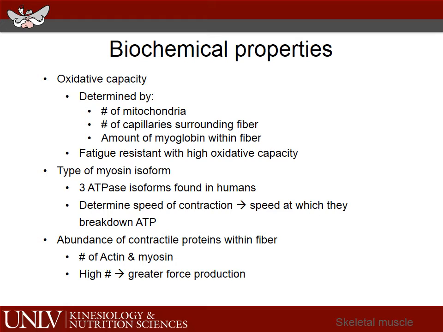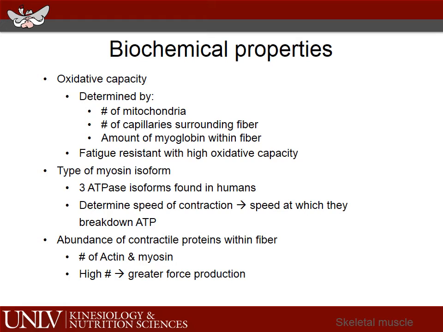The faster you can degrade the ATP into the ADP and Pi, the faster you have the myosin head that comes up and attaches to the actin and produces that power stroke or the series of connections, depending on which theory you believe happens. So that isoform is involved in the speed of the contraction. Type 2 has a much faster isoform than a type 1, which has a much slower isoform.